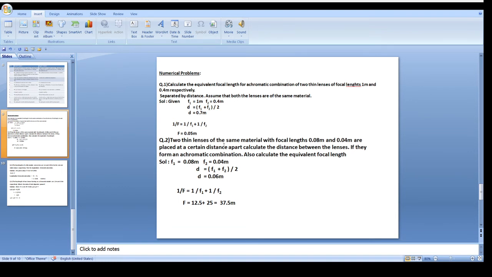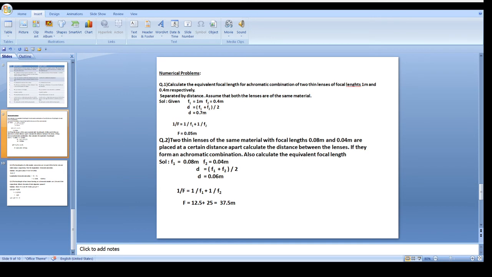Two thin lenses of the same material with focal lengths 0.08 meter and 0.04 meter are placed a certain distance apart. Calculate the distance between the lenses if they form an achromatic combination. Also, calculate the equivalent focal length. Given f1 equals 0.08 meter and f2 equals 0.04 meter.